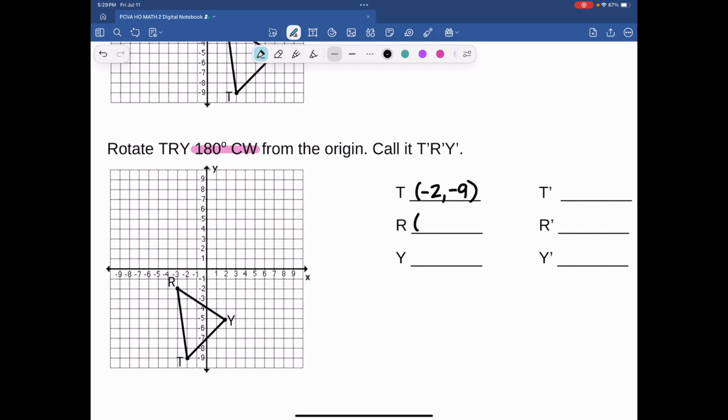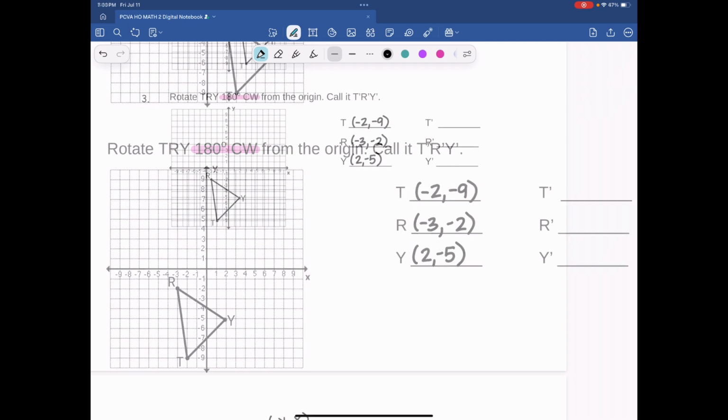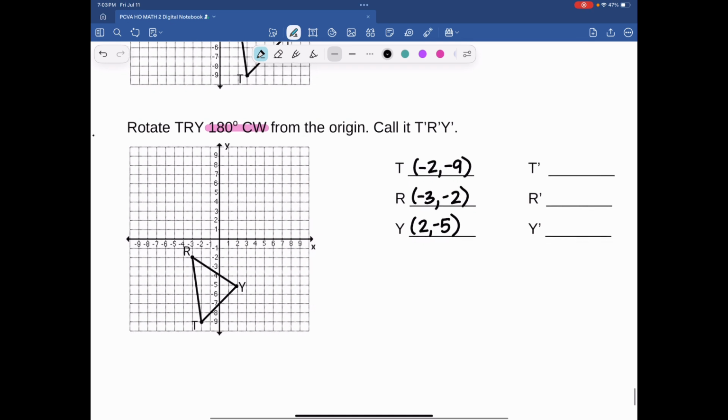My r is located at -3, -2. And my y is located at 2 and -5. All right, so the rule for 180 degrees, whether it's counterclockwise or clockwise, is going to be -x, -y. Because basically, when we go 180 degrees, all the points are going to go in the completely opposite direction.